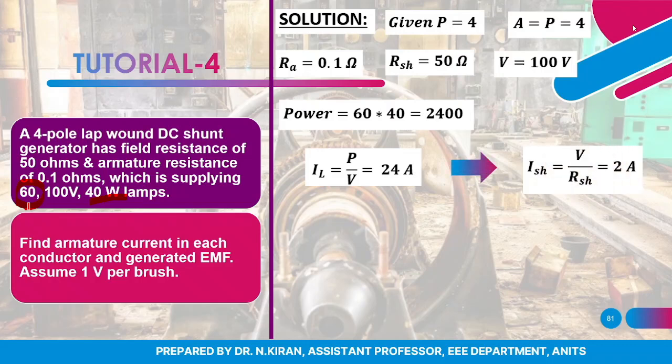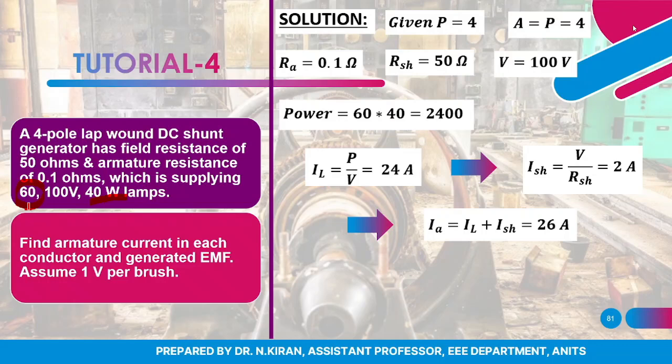Next, we also know RSH and V, so we can also find shunt field current ISH, which is V by RSH, which will be around 2 amps. So we know load current, we know shunt field current, so that will give me the armature current IA, which is nothing but IL plus ISH. If I calculate, that will give me around 26 amps.